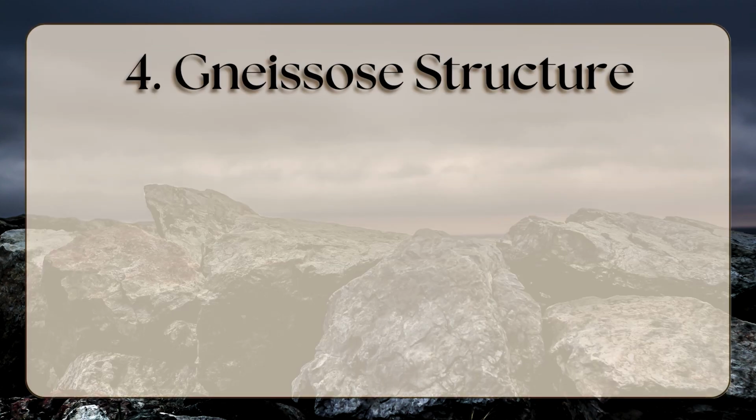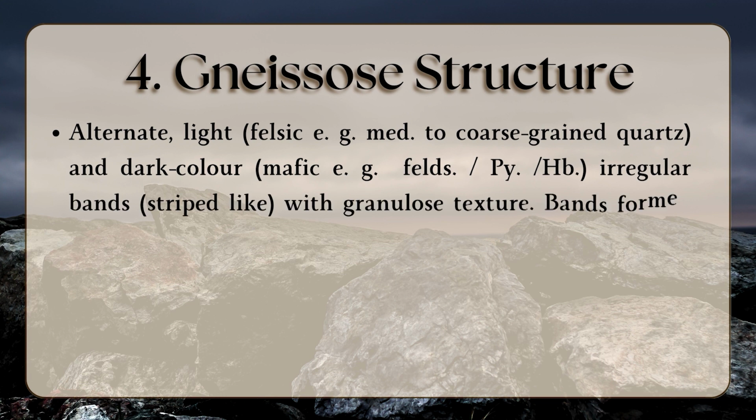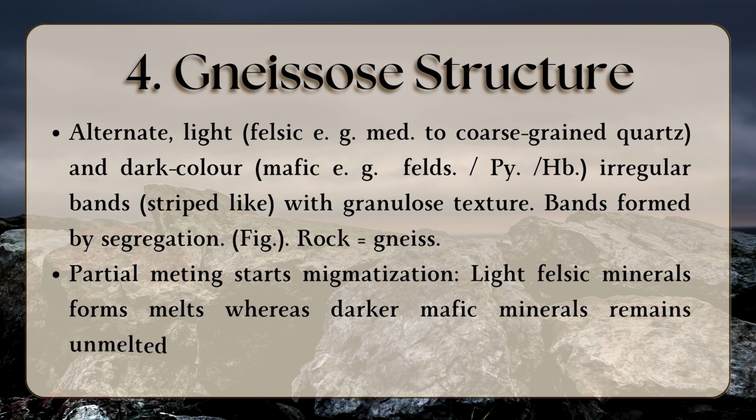Number 4, gneiss structure. Alternate light, that is felsic, medium to coarse grained quartz and feldspar, and dark colored mafic minerals, for example pyroxene, hornblende, in irregular bands, which gives a striped-like structure with granulose texture.